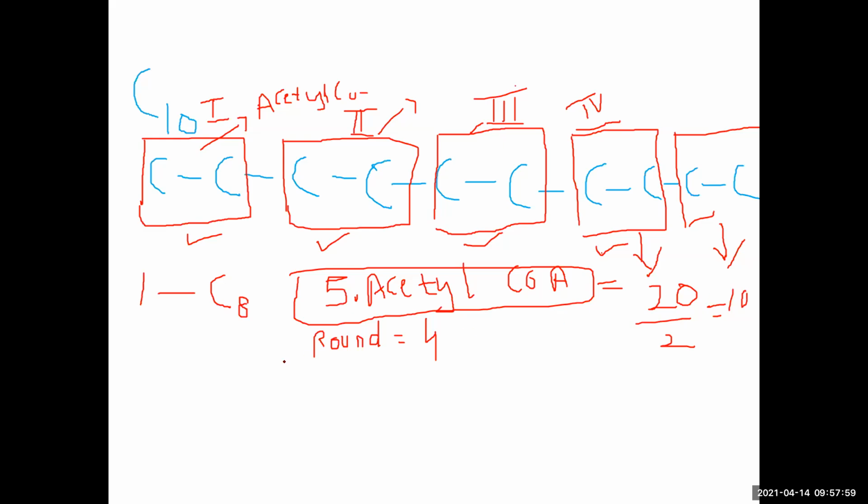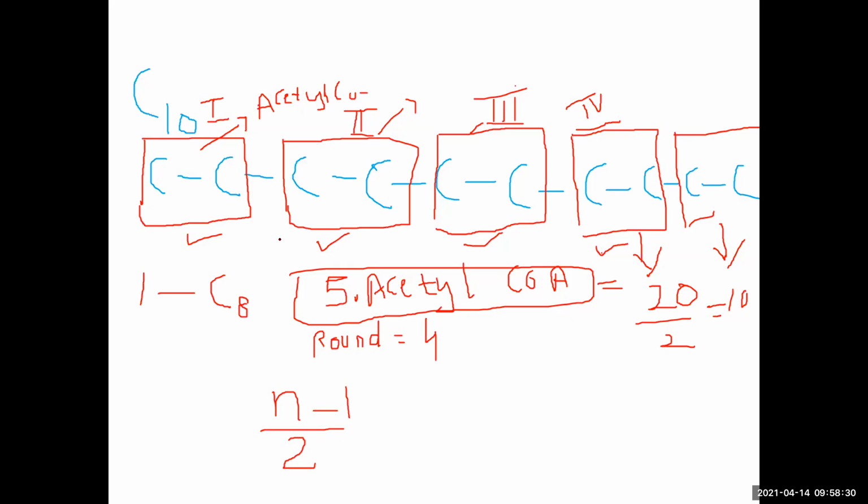Now, what will you do to calculate the number of cycles? If the question says, tell us how many cycles will produce 5 acetyl CoA molecules, right? For that, the simplest formula, and this is totally developed by me, I just wanted to make things easier for my students, is n divided by 2 minus 1.